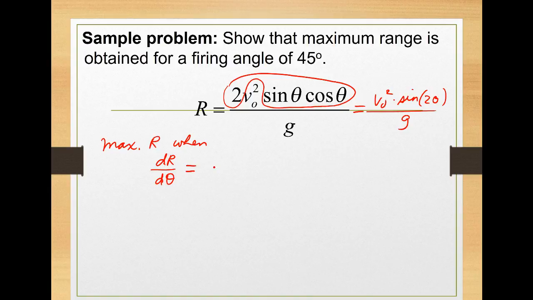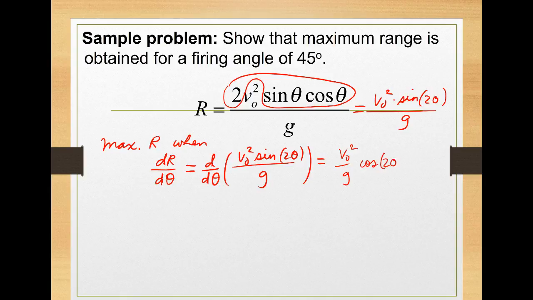So we want the derivative with respect to angle of V naught squared sine of 2 theta all over g. The V naught squared over g is a constant that can come out, and then we want the derivative of the sine of 2 theta. So we're going to have the cosine of 2 theta, and then chain rule will be multiplied by 2.